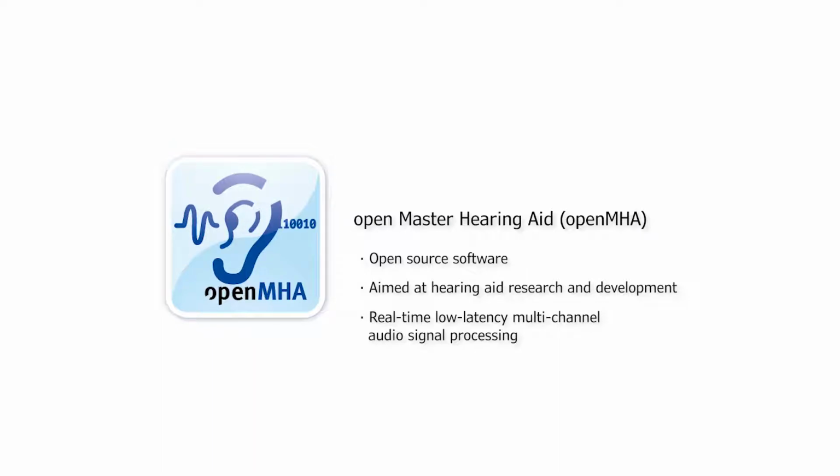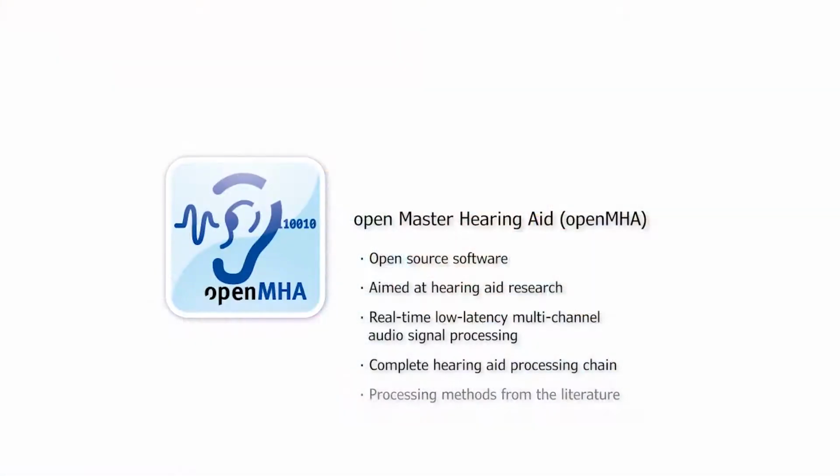It provides a complete hearing aid processing chain such that new methods can be evaluated in a realistic hearing aid setup. The software package comes with a set of reference implementations of processing methods from the literature that can be used in psychoacoustic studies, audiological research, or as baseline methods for own developments.